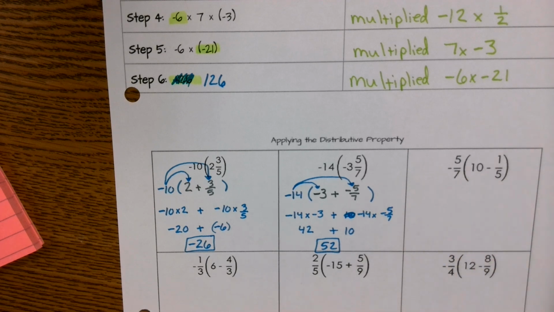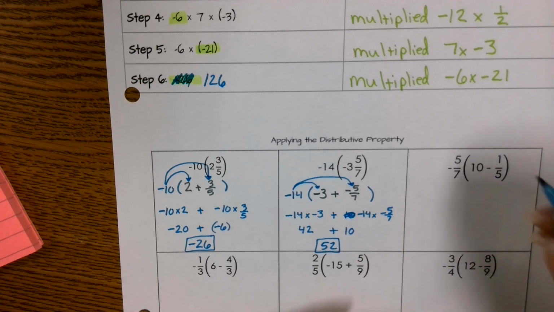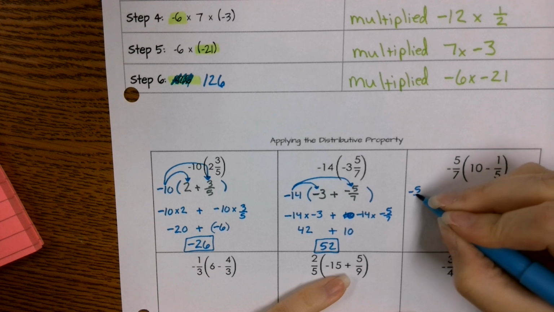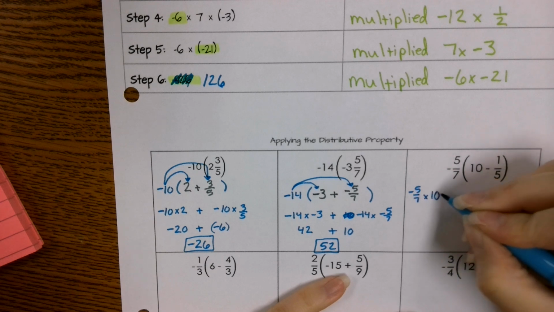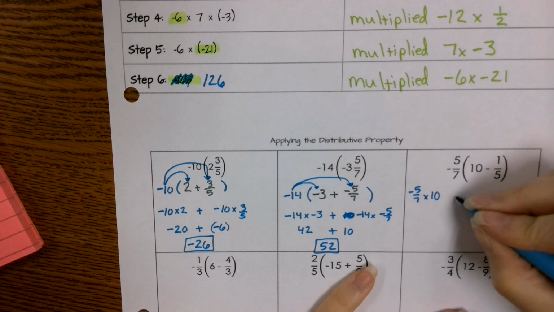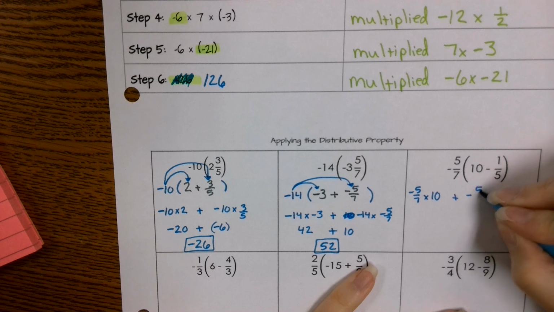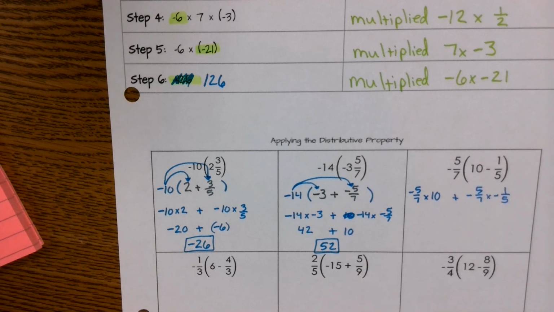Taking a look here, when we are distributing, we're going to do negative 5 over 7 multiplied by 10, plus negative 5 over 7 times negative 1 over 5. Okay, when we do negative 50 over 7, that's going to come out to a decimal that keeps going on and on and on.